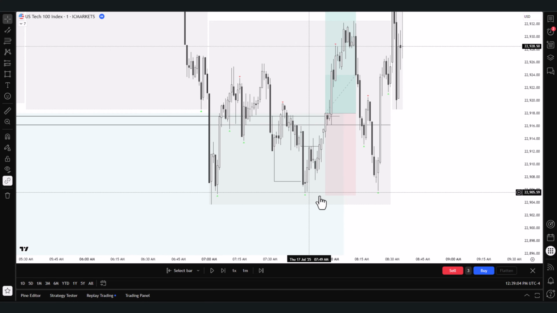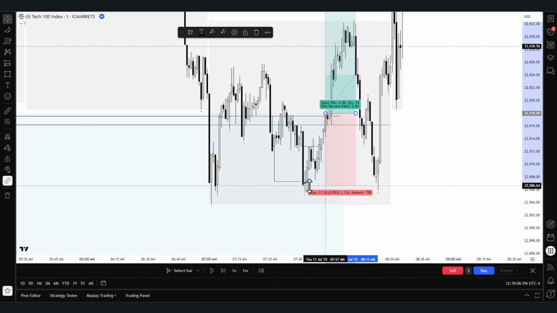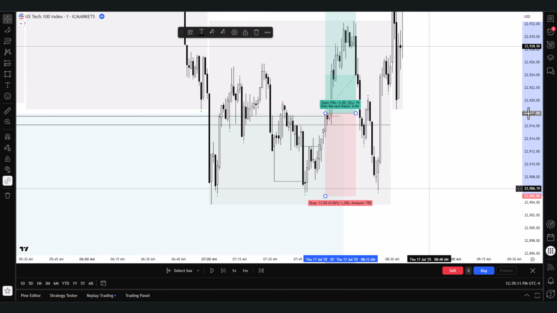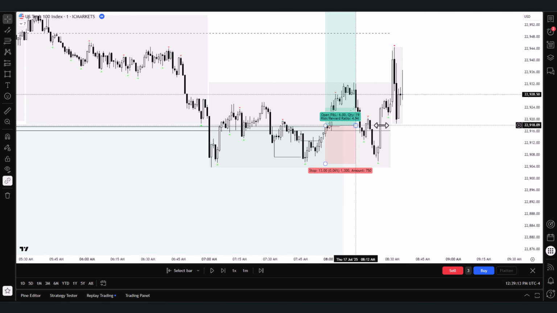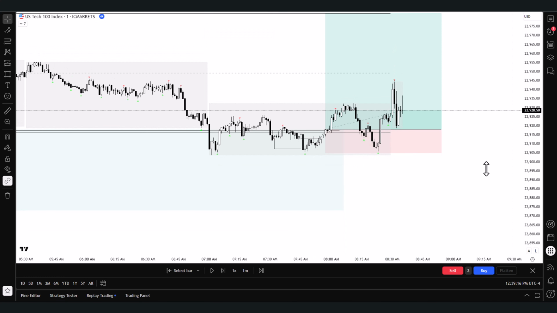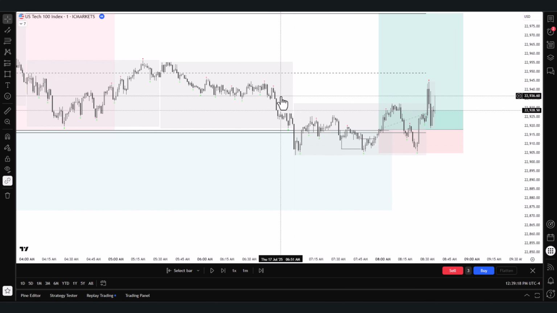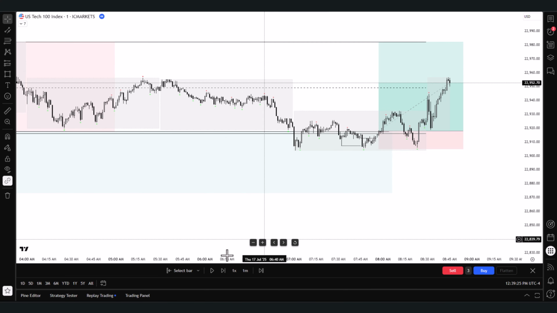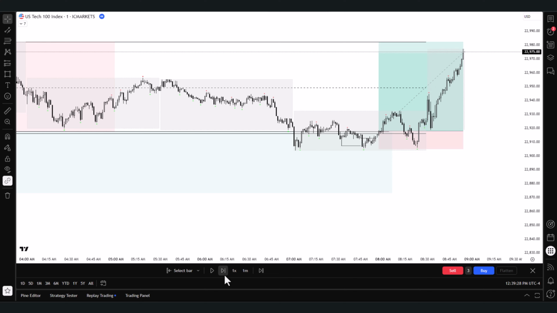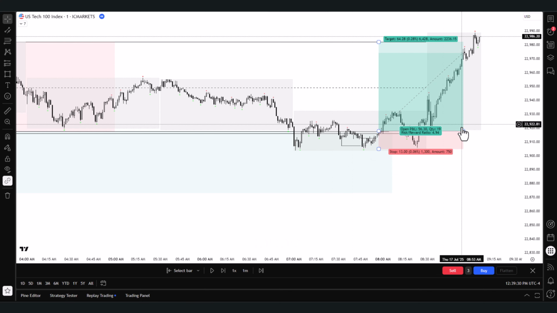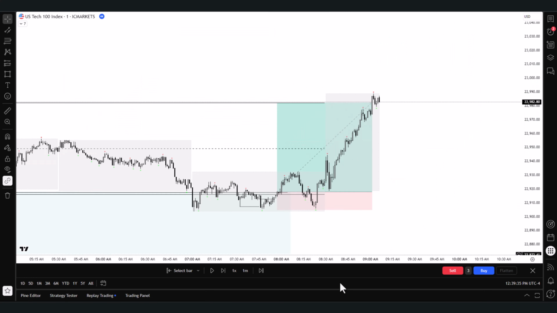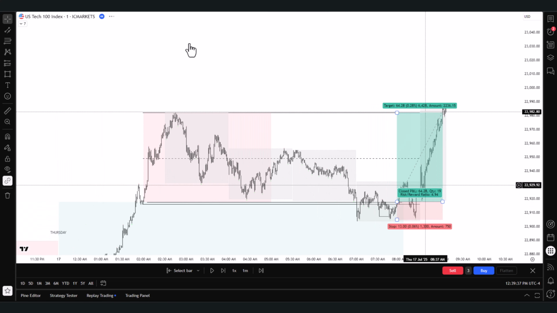SL should be this low here. I don't know why I placed it here. SL should be the recent low. We are now at break even. And we hit our final target, which is 4.94 RR. That means basically 5 RR.